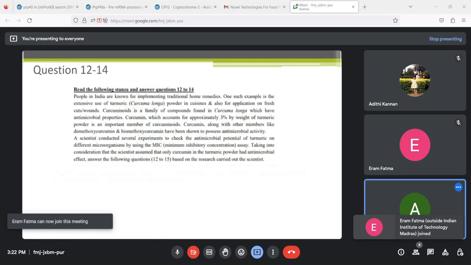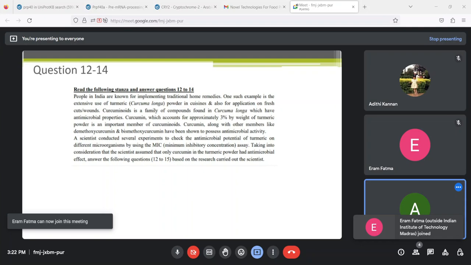Moving to question 12. This is a combined question where you'll have a single case and then multiple questions. The paragraph is as follows. People in India are known for implementing traditional home remedies. One such example is the extensive use of turmeric or Curcuma longa powder in cuisines and also for application on fresh cuts or wounds.